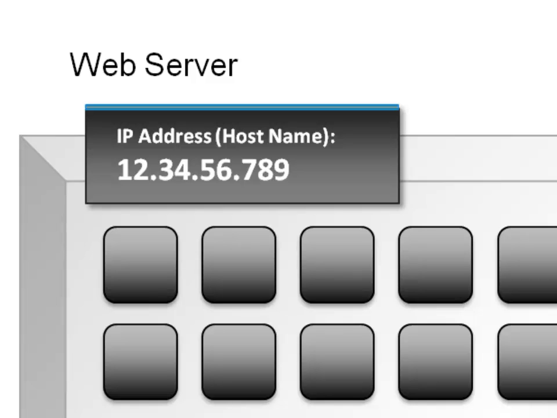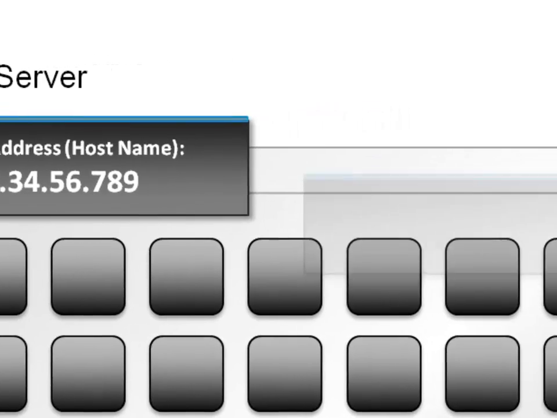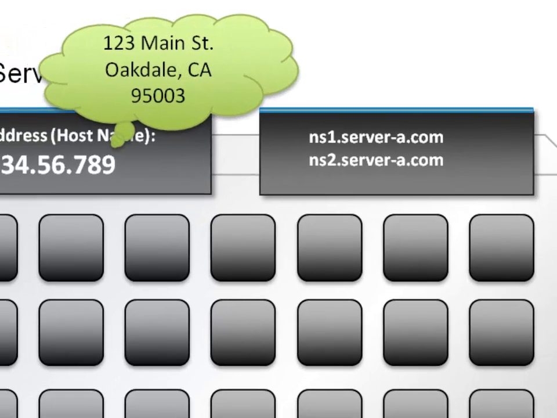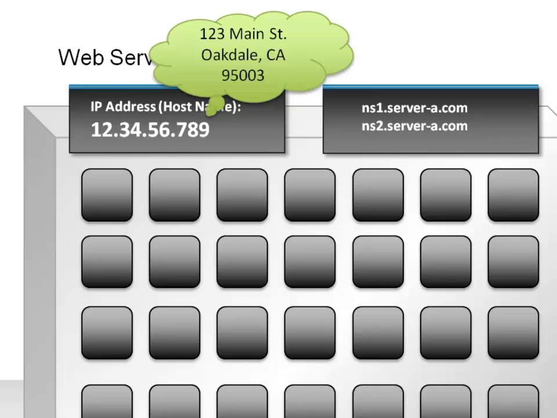There's something else, though, that distinguishes the server, and that's called a name server. So the apartment building, or the server, would have a name as well as an address. You can kind of think of the IP address as the street address. For example, 123 Main Street, Oakdale, California.